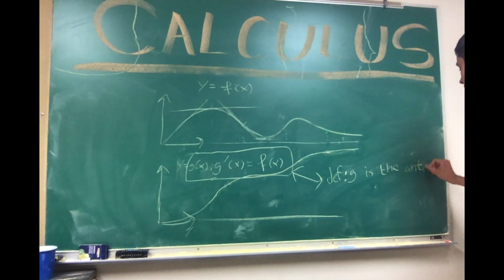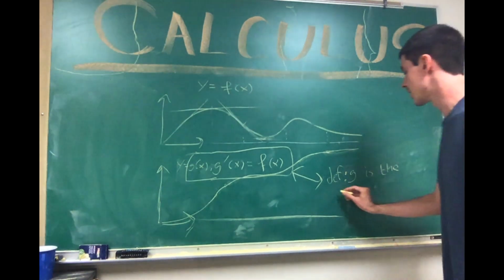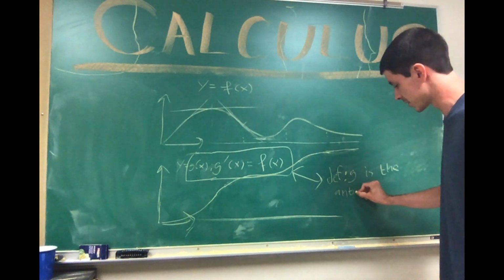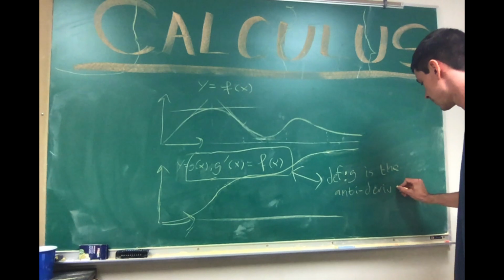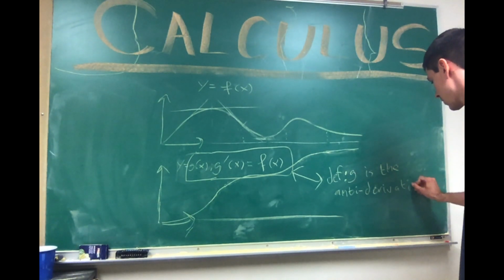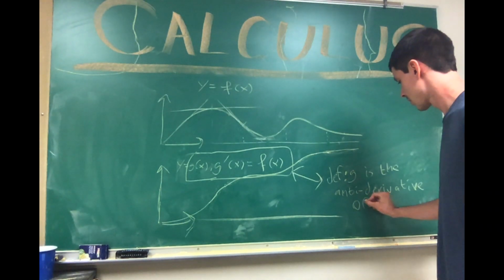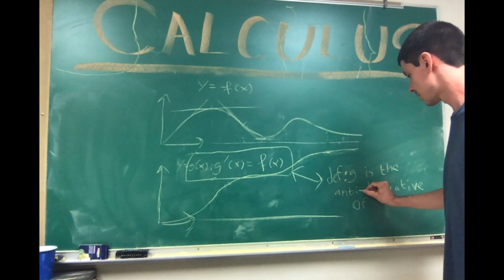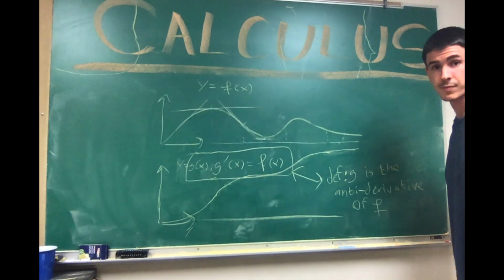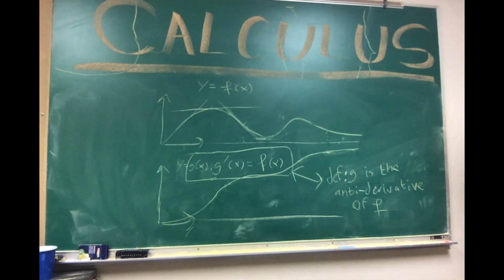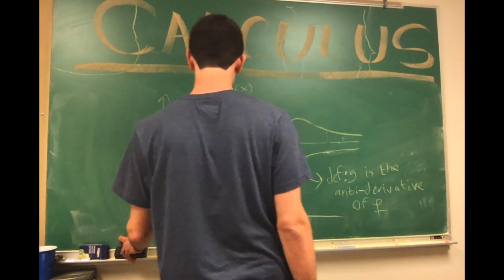So if f is the derivative of g, then g is the antiderivative of f. So it's the opposite of being the derivative. It's the antiderivative. So that's the definition of the antiderivative, viewed from one direction.